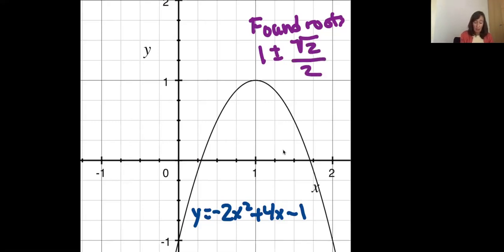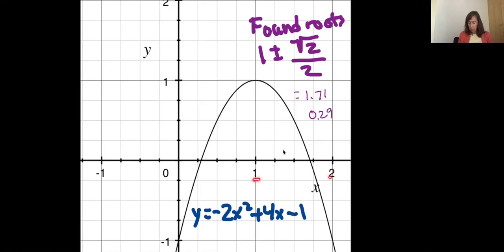What can I say about that? 1 plus the square root of 2 over 2 turns out to be 1.71, and 1 minus that is 0.29. You can check that on your calculator. Let me know if you think I'm wrong about that. So what that's saying is that this parabola should intersect the x-axis at a little bit less than 3/4. Well, indeed, let's look.